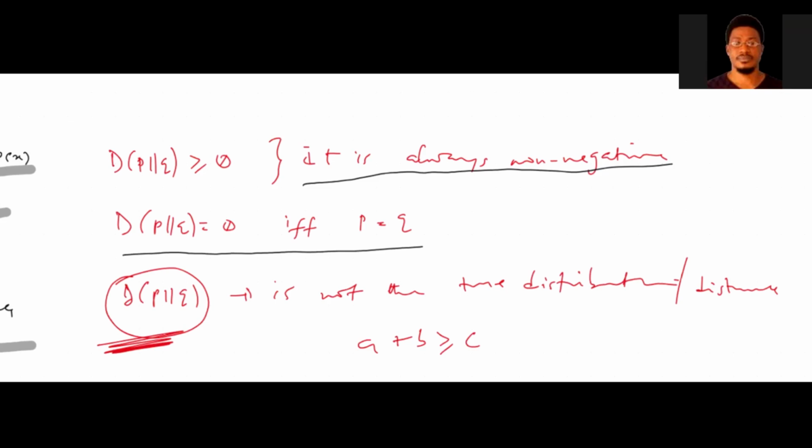Since it is not symmetric and does not satisfy the triangle inequality, when we say A plus B is greater than or equal to C. So when we begin to play with effective codes, especially for source coding, we will not come into this in detail. But in passing, it's good we understand the definition.